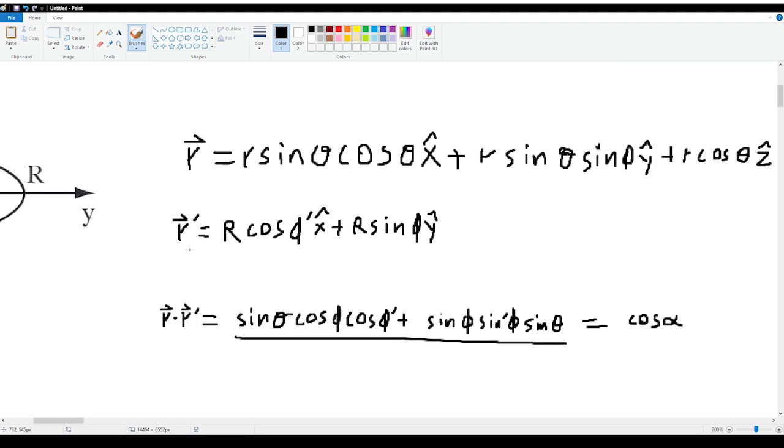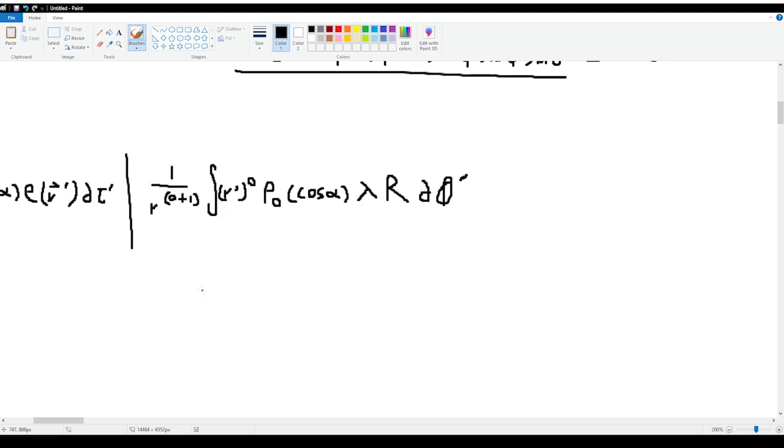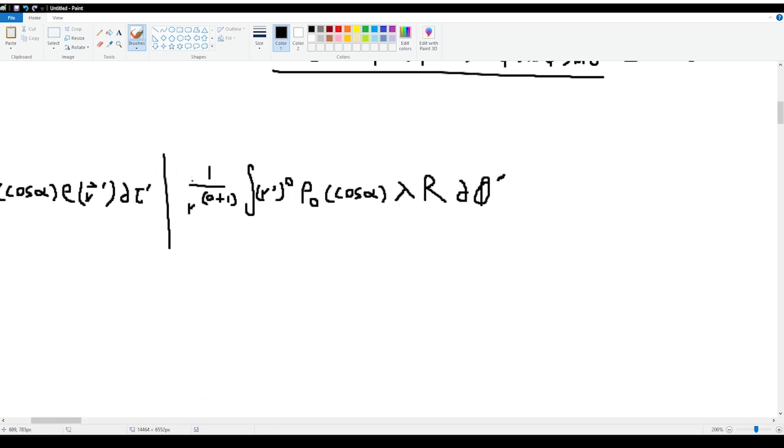And r prime to the 0 is just 1. The 0th Legendre polynomial is just 1.